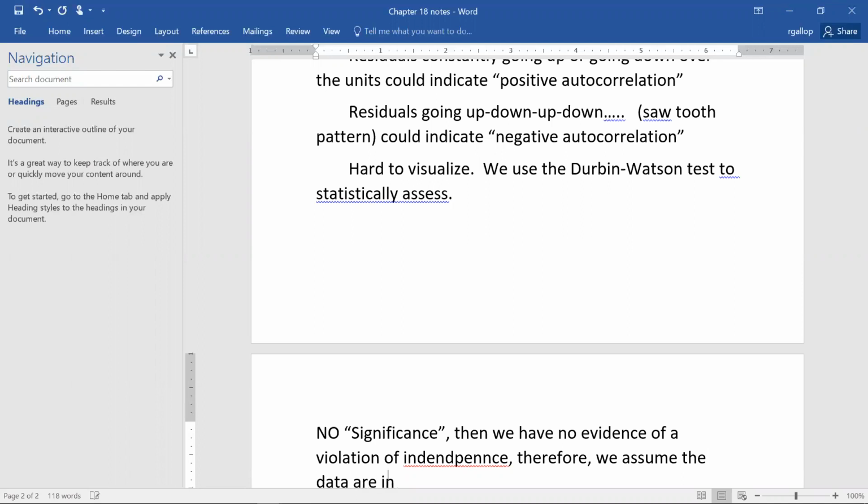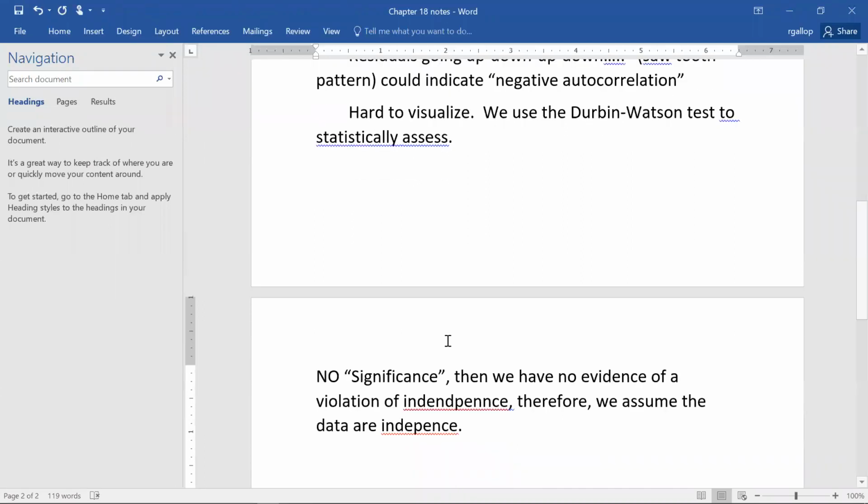Again, we have no significant effect. We assume that we have no evidence of a violation of independence.